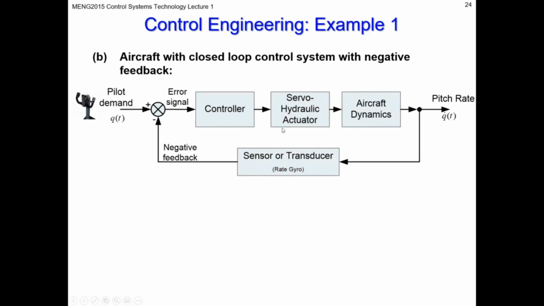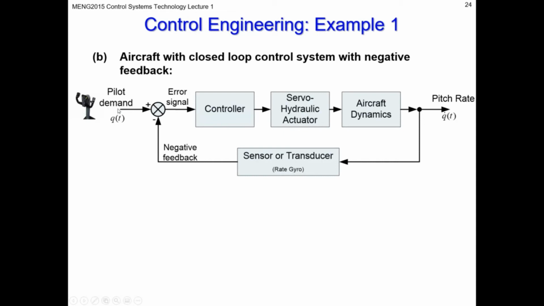This is your actuator in the system that changes the angle of the ailerons, and then of course that's going to affect how the aircraft flies in the air and the pitch rate that's generated as a result. Right, so that's how a closed loop system would be working.